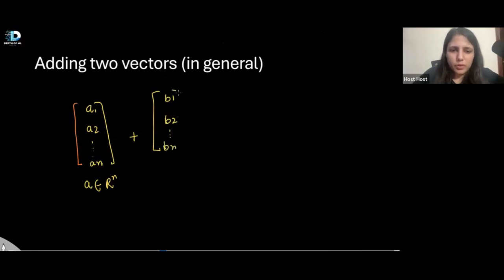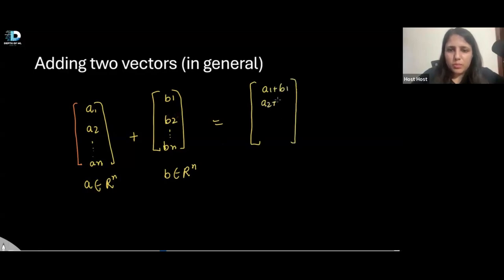B also belongs to R^n. So we get a vector C, which is simply a1 plus b1, a2 plus b2, and an plus bn. This C vector also belongs to R^n. They should belong to the same space so that we can add them.